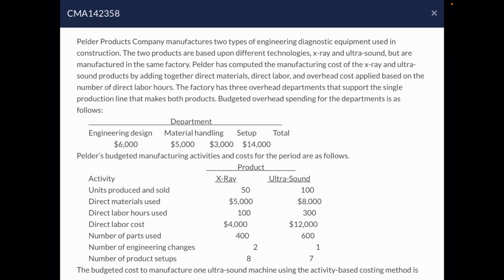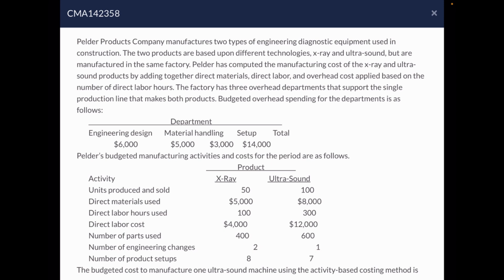Felder's budgeted manufacturing activities and cost for the period are as follows. Product, X-ray and ultrasound. Units produced and sold. Direct material used. Direct labor hours used. Direct labor cost. Number of parts used.